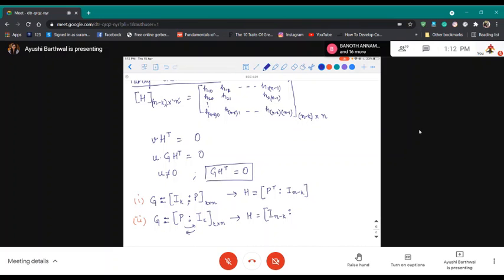So the identity matrix will come first, and in the second portion, the transpose of the parity matrix will come.